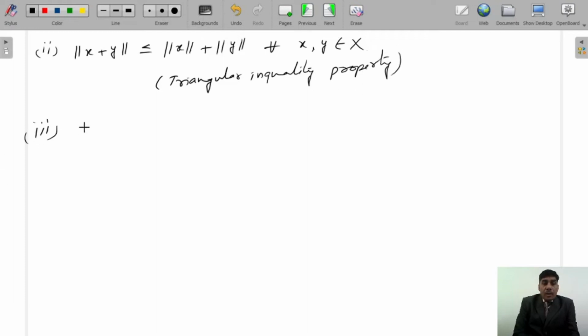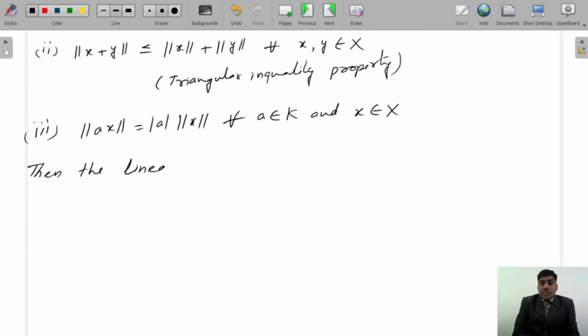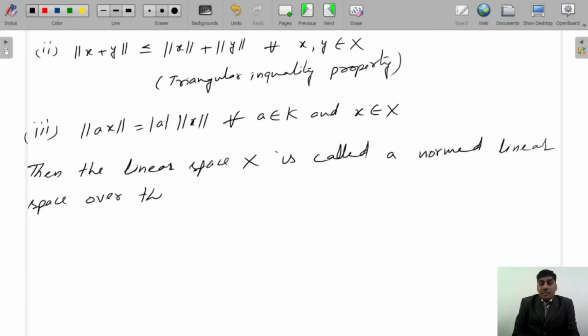Third, norm of (a into x) is equal to modulus of a into norm of x for every a belonging to K and x belonging to capital X. Then the linear space X is called a normed linear space over the field capital K.